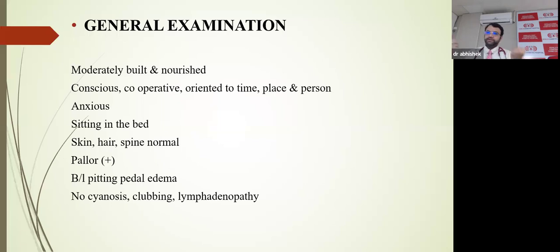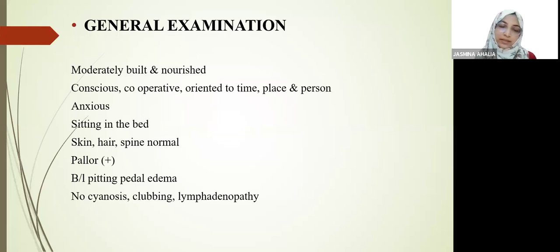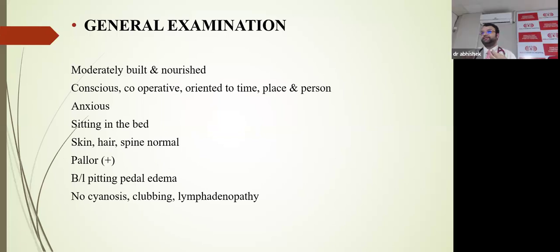Because of sympathetic overactivity, there is peripheral vasoconstriction, so there is more extraction of O2 from the blood, and that will cause cyanosis. That's why we need to understand that it will always be a peripheral cyanosis. It can never be a central cyanosis. If heart failure is causing cyanosis, it will always be peripheral.